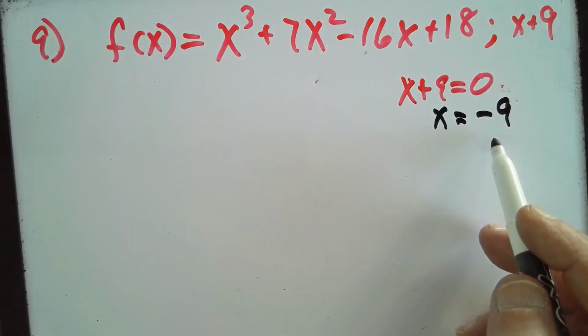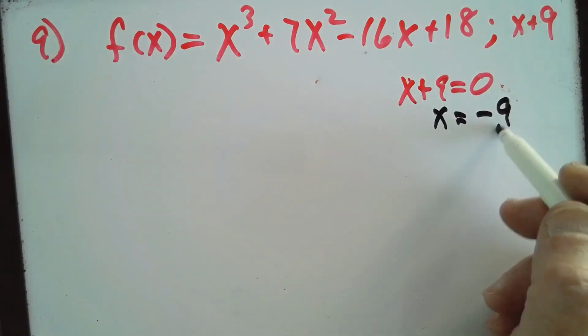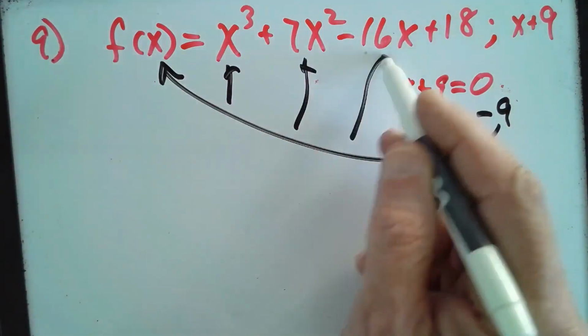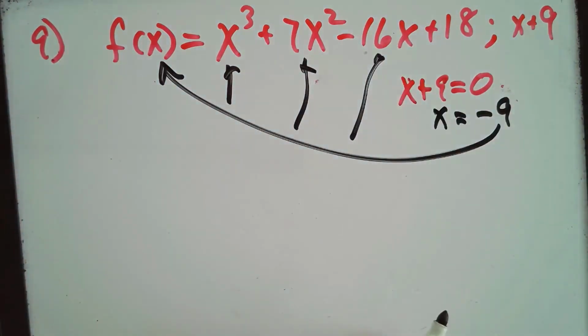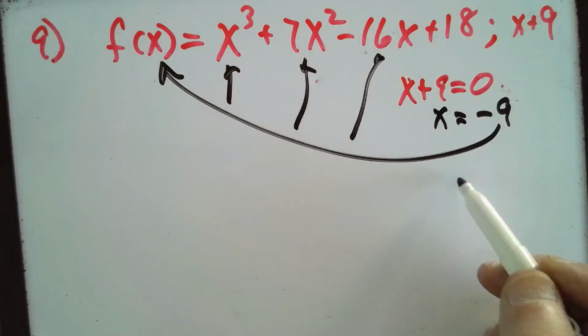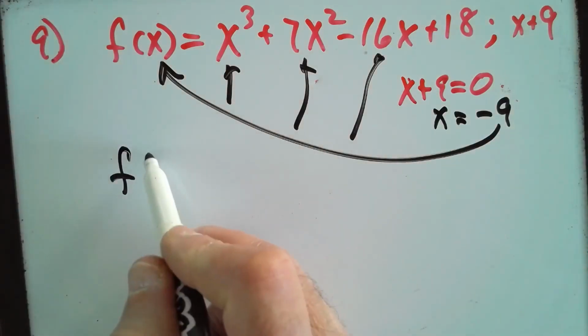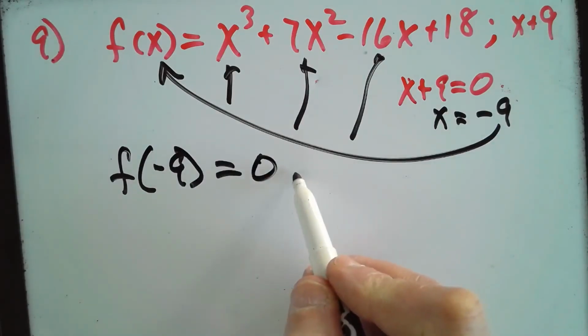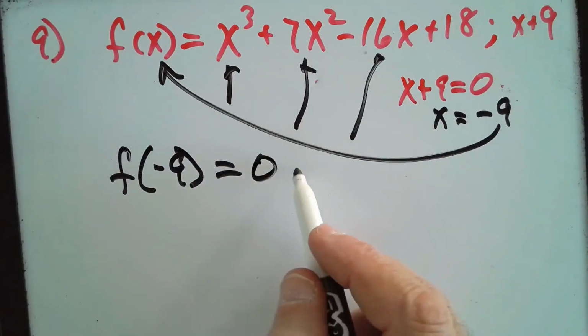Okay. So basically we'll take that negative 9 and substitute it in for x. And if we get a 0 out, then it is a factor.